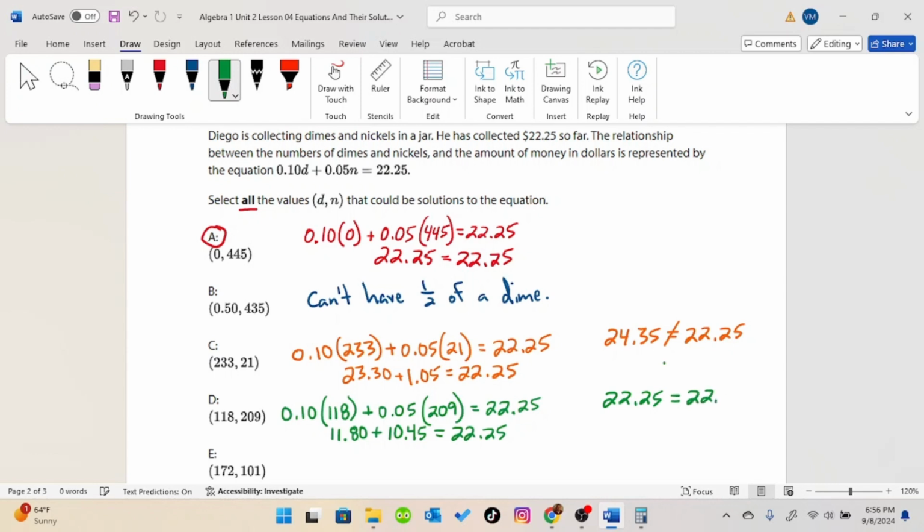That does equal the amount we were looking for, so that is a true statement, and D is a possible combination of dimes and nickels that Diego has collected.